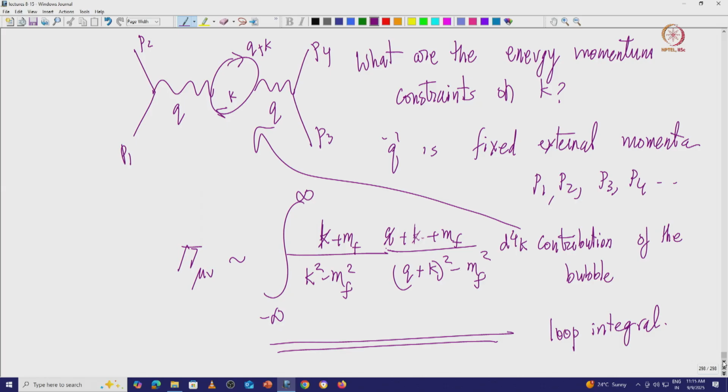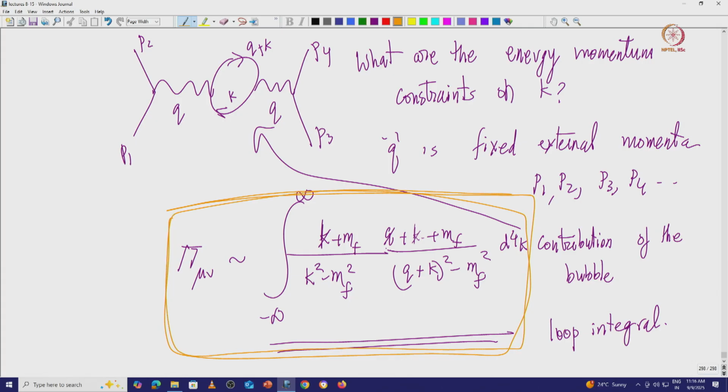This k is not fixed by any of the external momenta, so it can take any value it wants, and that is the reason this is called a loop integral. It appears in every higher order process. In every higher order, second order in perturbation theory, this loop integral will appear.